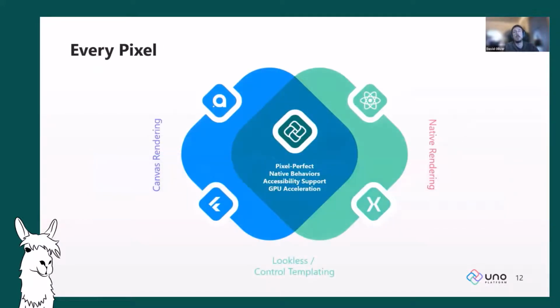So I want to talk a bit more in that regard about where Uno fits relative to other cross-platform frameworks, and about our strategy and our philosophy for rendering views, because this is a key consideration for understanding what the framework is doing and what it's trying to do. So you've kind of got two ends of the spectrum.